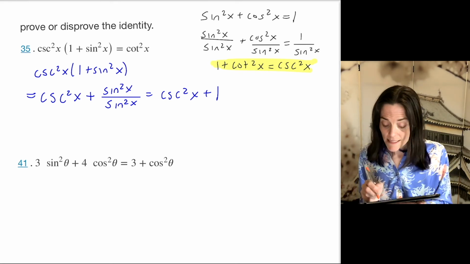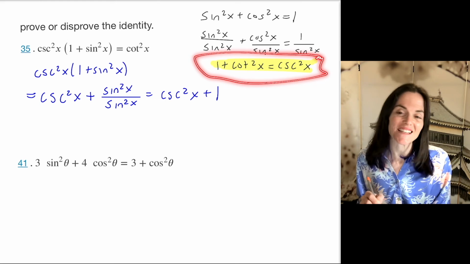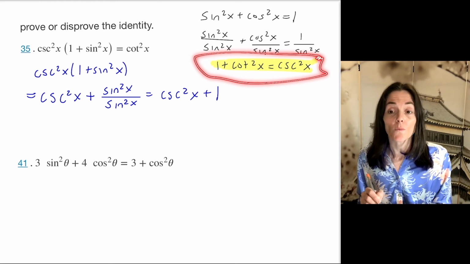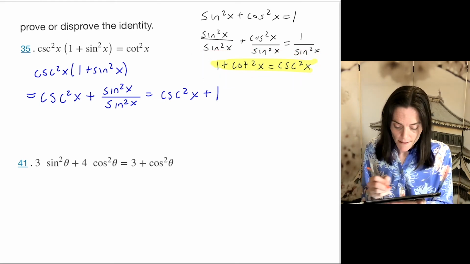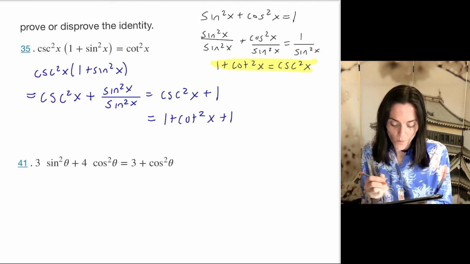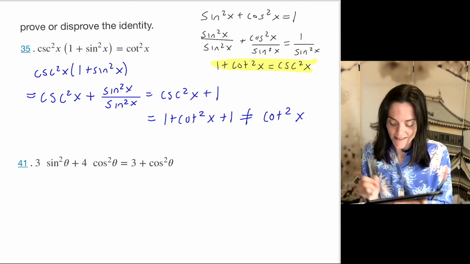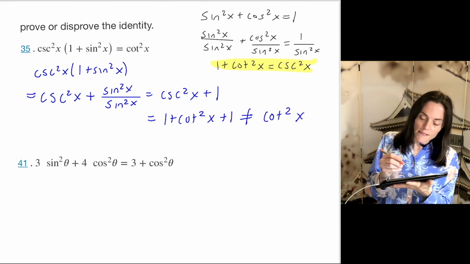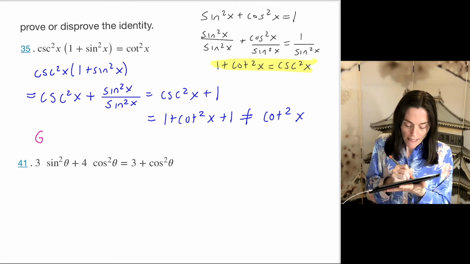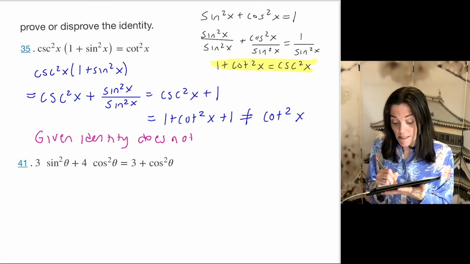Well, this is an identity we know holds. We have derived it from sine squared plus cosine squared is 1. So we see what the cosecant squared is. Cosecant squared is 1 plus cotangent squared. And now I have another 1. So without a doubt, this is not equal to cotangent squared. So this one says that the given identity at the top does not hold. This one was a disprove.